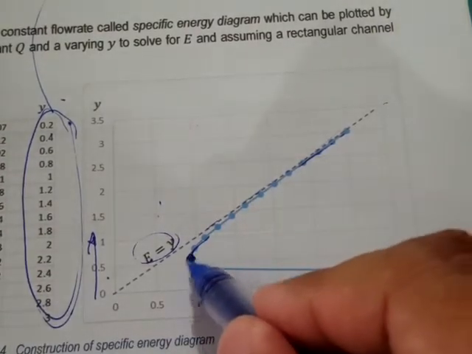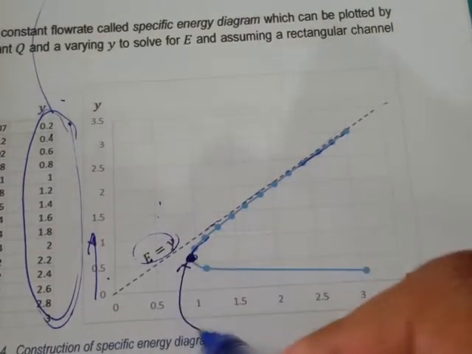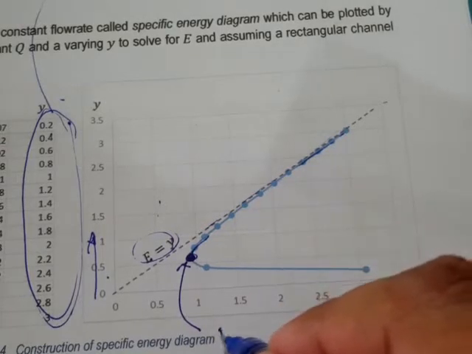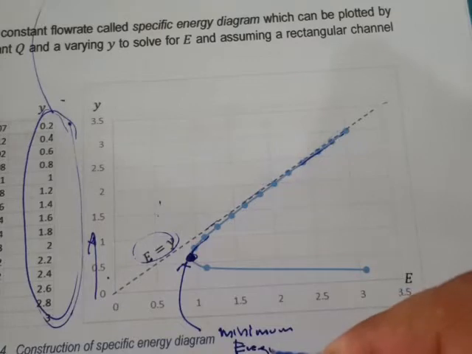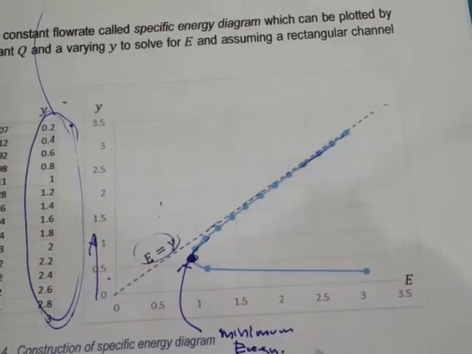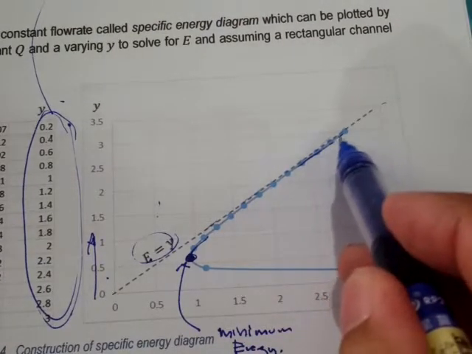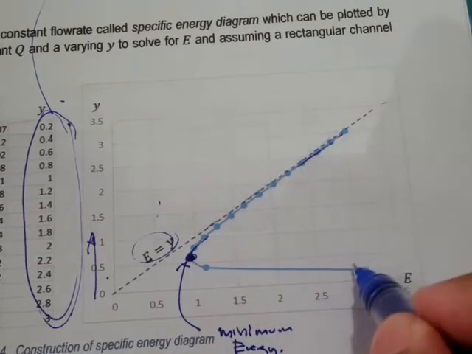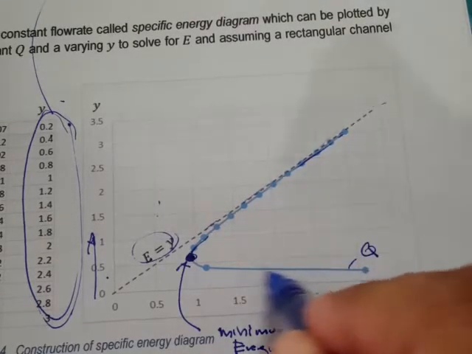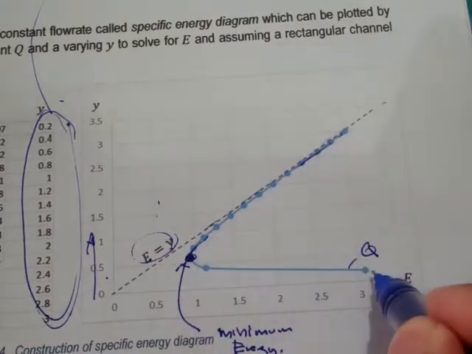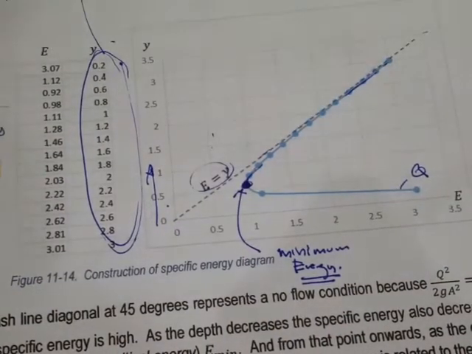Okay, so this point, or this turning point, is what we call the critical energy, or the minimum energy. Okay, and this blue line represents a constant flow rate, meaning at whatever point along this curve, we have a constant flow rate of 3 cubic meters per second.